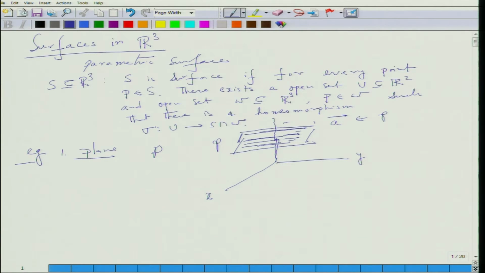Okay, I take a vector A here in the plane P and I take two vectors along the axes, P and Q.